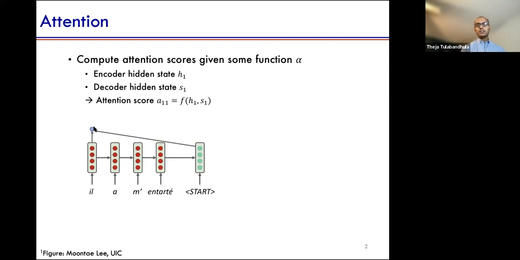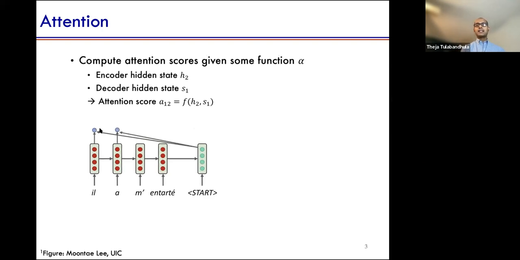So the first attention score we produce like this. Similarly, we can produce the second attention score in a very similar way. Take the second hidden vector, and the same decoder hidden vector we produced, S1, and let's call the result A12. The first index corresponds to the fact that we are decoding using the first decoder output, and the second index corresponds to the encoder side's hidden vector index.